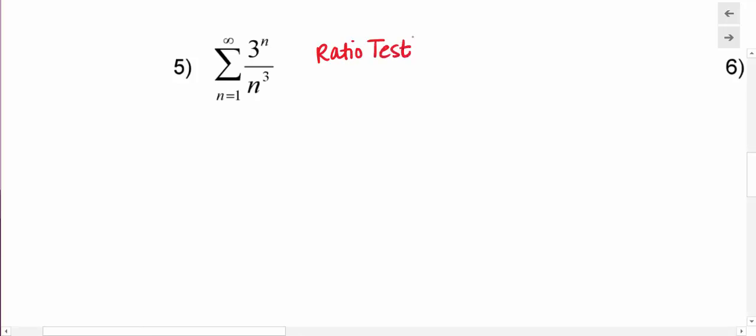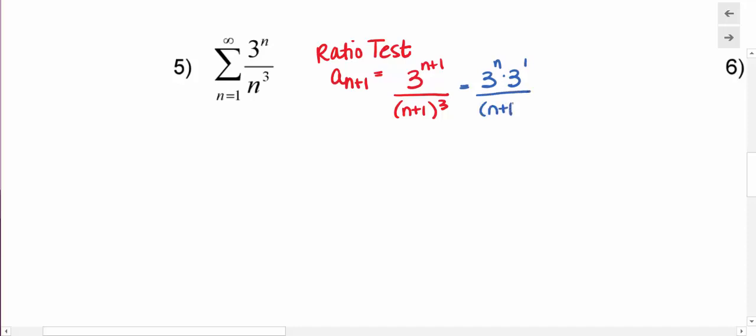So again, until you get maybe a few more of these under your belt, you may just want to step aside and say, what is my n plus 1 term? What does that look like? So that would be 3 to the n plus 1 over the quantity n plus 1 cubed. Now, while I don't necessarily want to multiply out that n plus 1 quantity cubed, I will say that I probably need that this is 3 to the n times 3 to the 1.